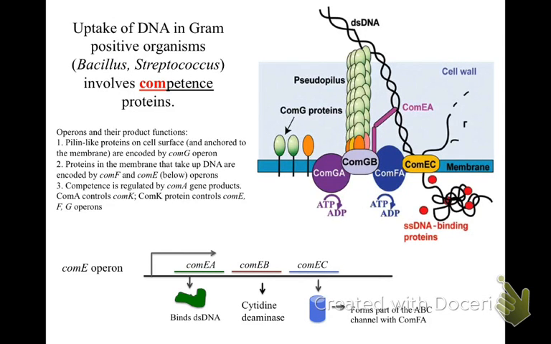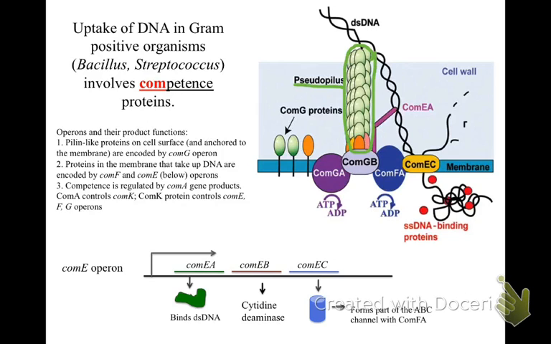Here's a little bit more detail, a picture from a recent review article. I want to remind you that even though these are subunits that are nearly identical to a pilus, in this situation it's called a pseudopilus because it's not acting in the same way that a typical pilus does.